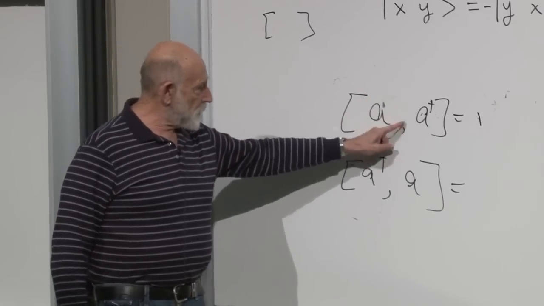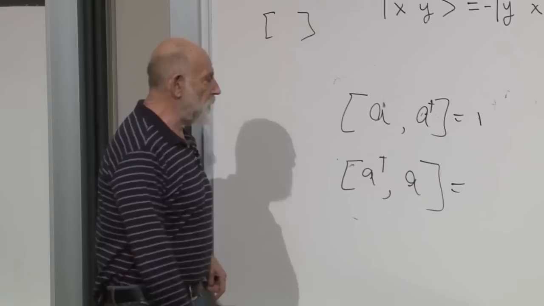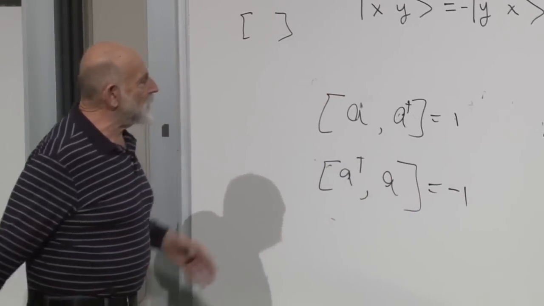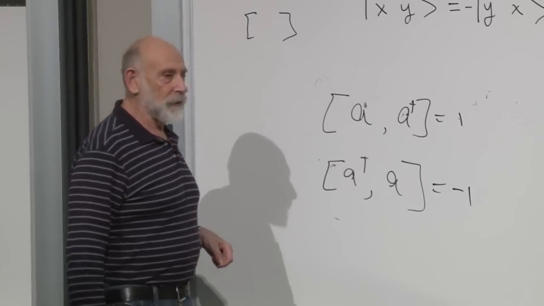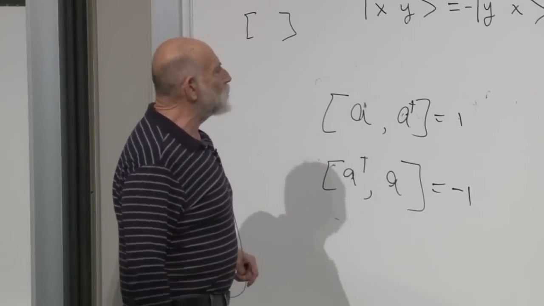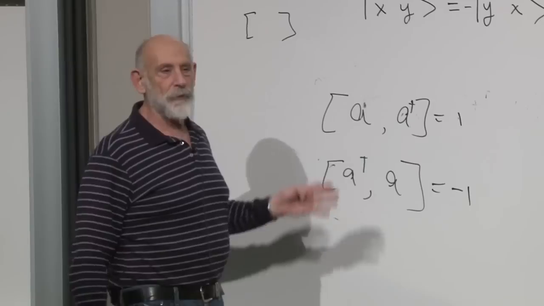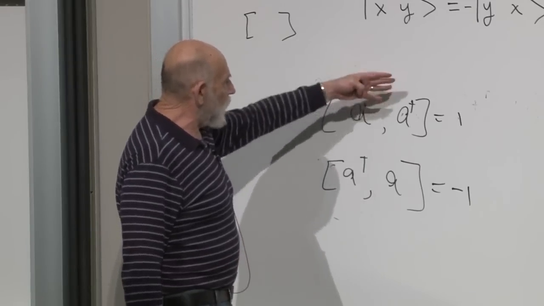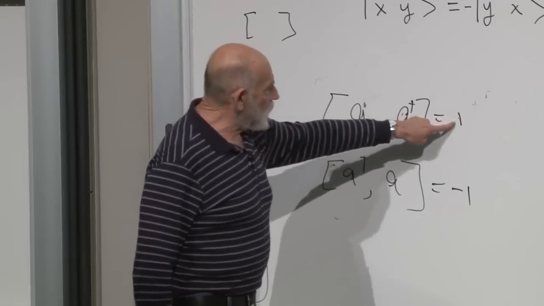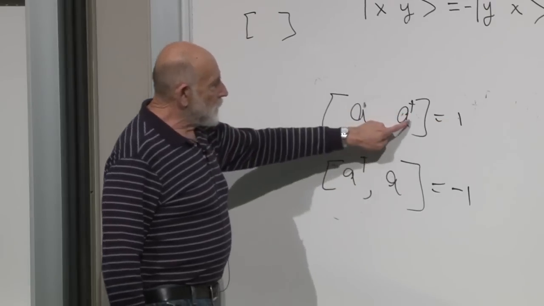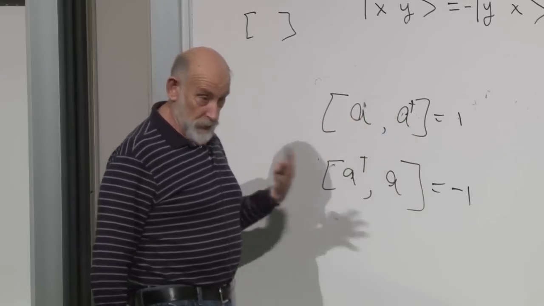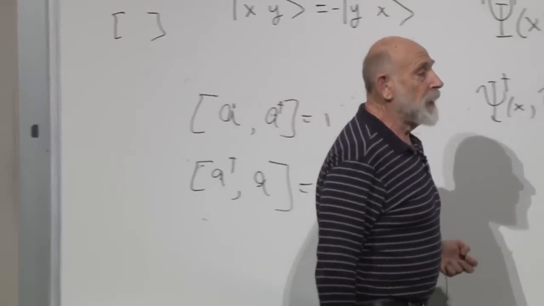If you switch the two things, the commutator changes. This is -1. And you could always tell, even if I didn't label these as A and A dagger, if I just labeled them as A and B and asked you which one is the creation operator and which one is the annihilation operator, you look at the commutator, and if the commutator is +1, then the first one is the creation operator and the second one is the annihilation operator. There's no way to make a mistake.